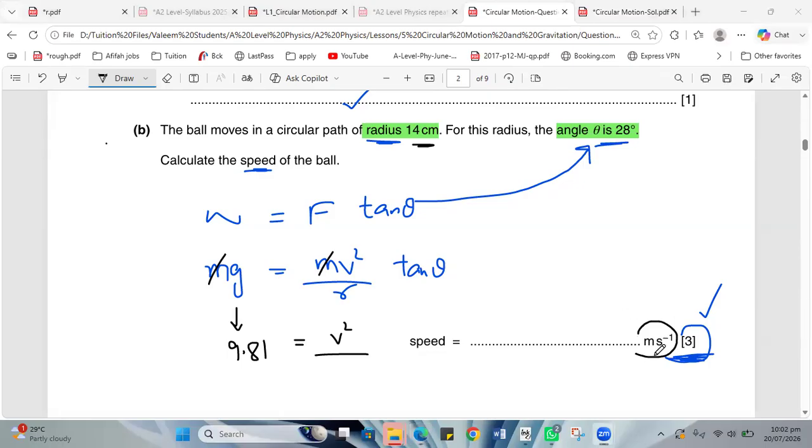It is not in centimeters per second, it's in meters per second. So 0.14 and tan 28 degrees. Done. After solving, you will get the answer. Clear?